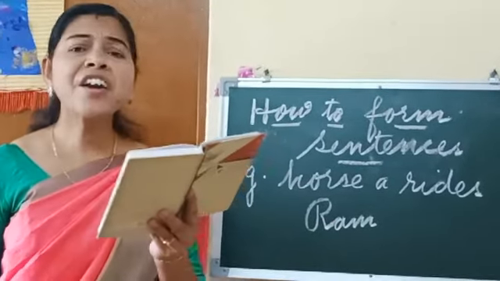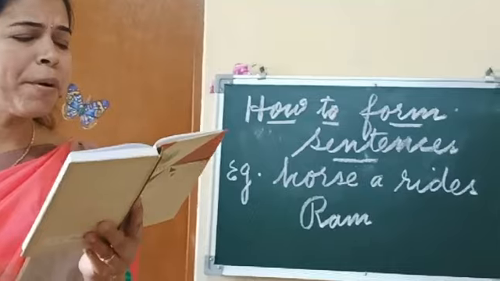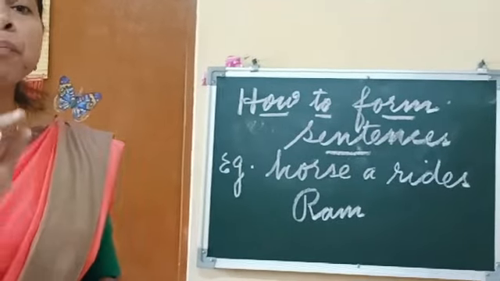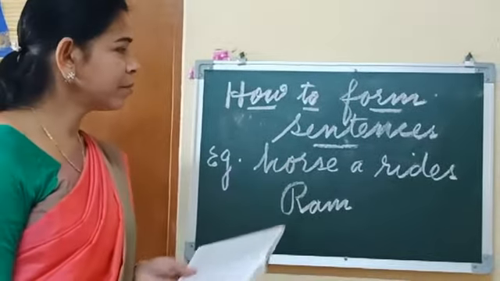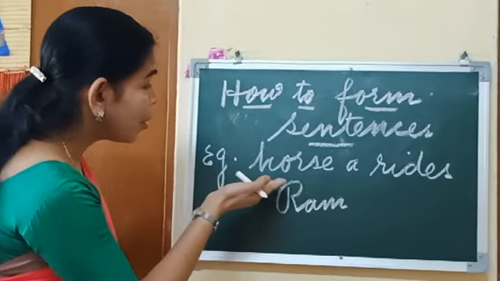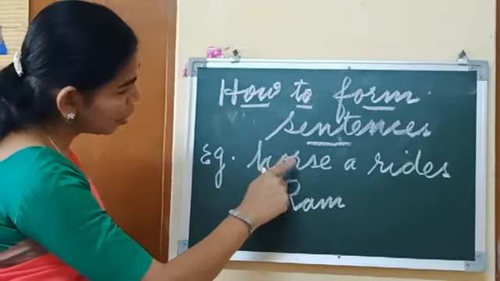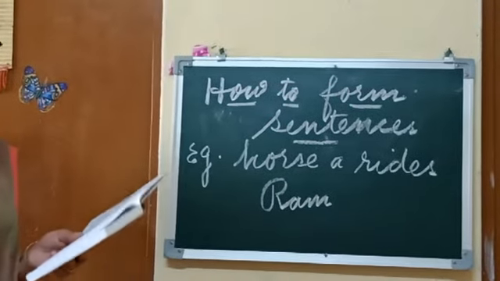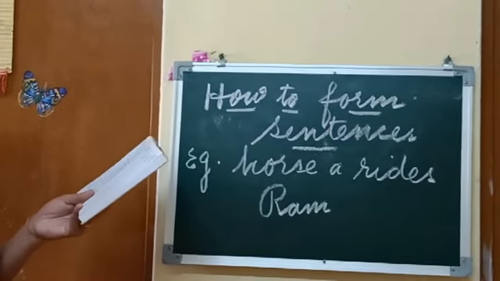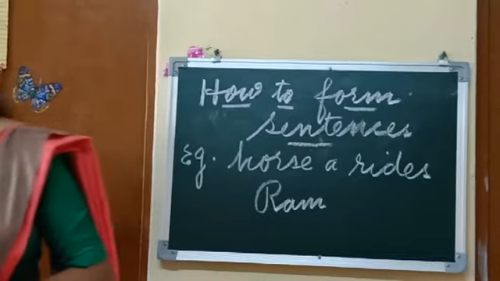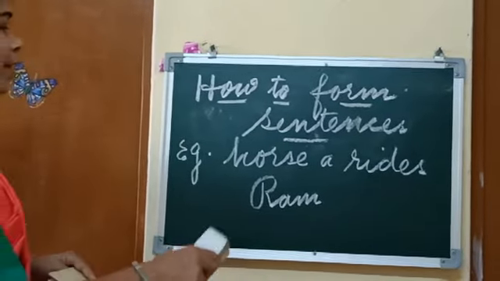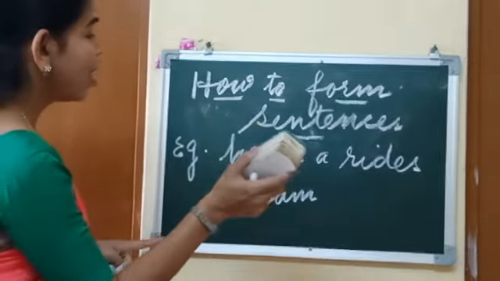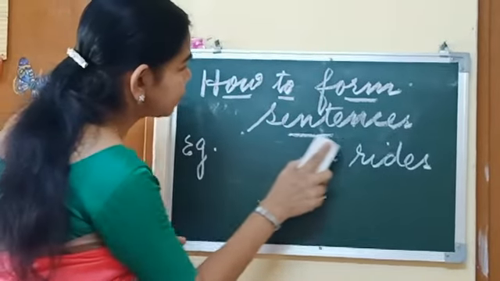Thus, arranging the words in proper order will give proper sense. So, to have proper sense, we need to arrange these words. Now, let us arrange the sentence in the proper way.